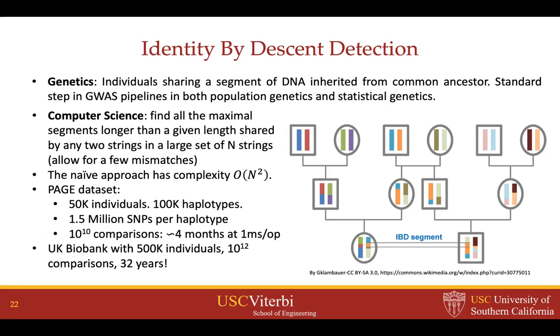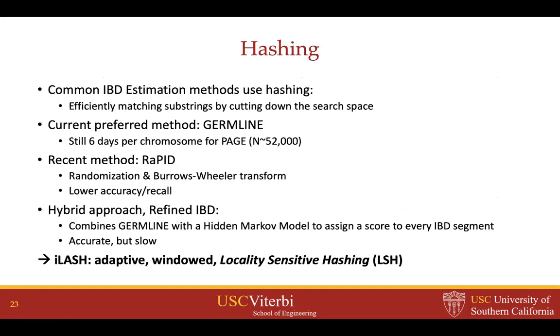For the computer science problem, it's a very simple, well-defined problem: find all the maximal segments longer than a given length that are shared between any substrings of these long strings, the genome, in a large set of strings. We can allow for a few mismatches, but often we find exact matches. How have people solved this problem before? They do hashing, the first thing you would do, and we came up with a better hashing algorithm.